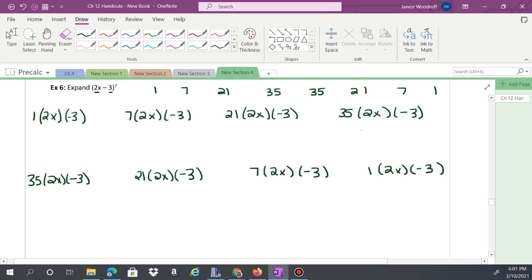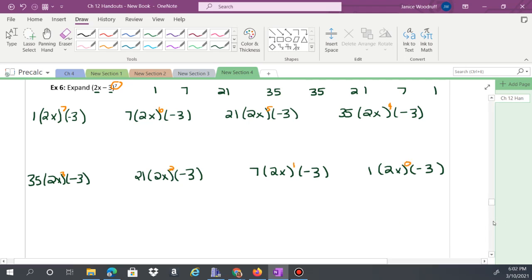Okay, then you're going to put your exponents on it. Start with your first term. Your first term will start with the degree, so 7, and then you're just going to descend from there. So 7, 6, 5, 4, 3, 2, 1, 0.